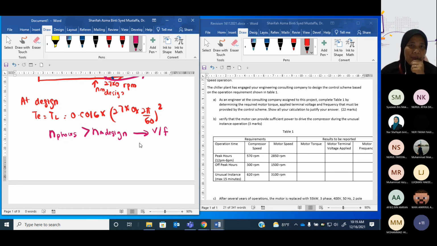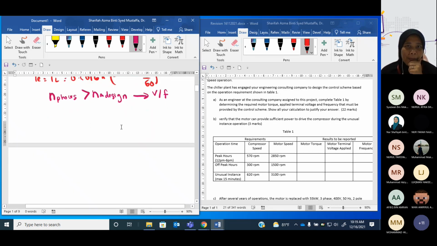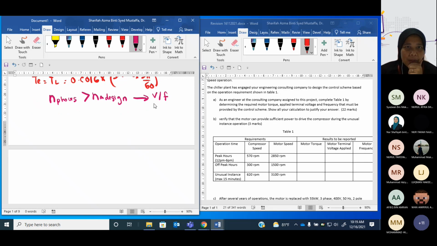Now, for V over F, should the frequency be higher than the rated frequency or lower? Higher. F should be higher than F rated. What about V terminal?